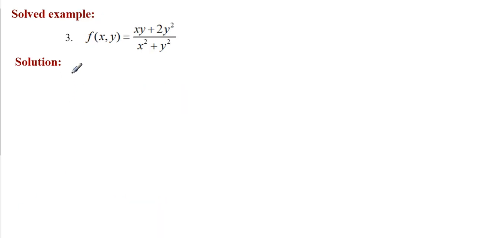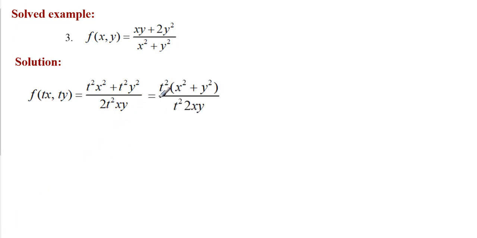And turning to number 3, we do the same kind of evaluation at tx, ty, and we substitute likewise. Then we note that in the numerator we've got a common factor t squared, and in the denominator we also have t squared.